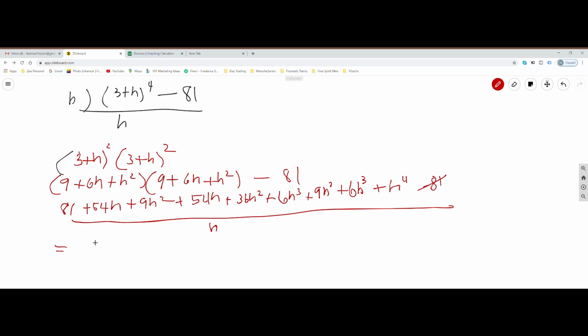So you're left with 54h plus 54h is 108h. Is there any other h? No. 9h squared plus 36h squared plus 9h squared is 54h squared.